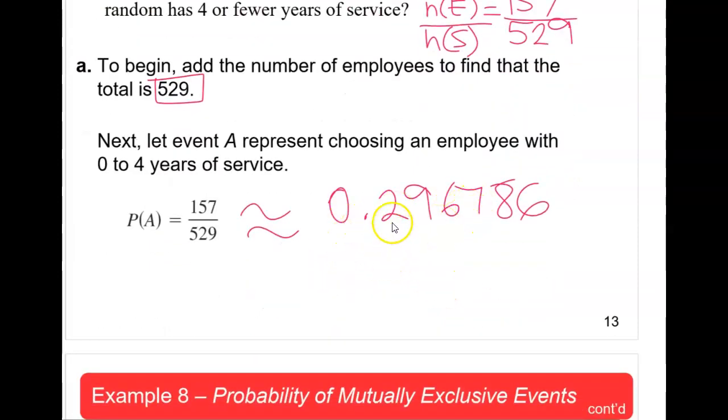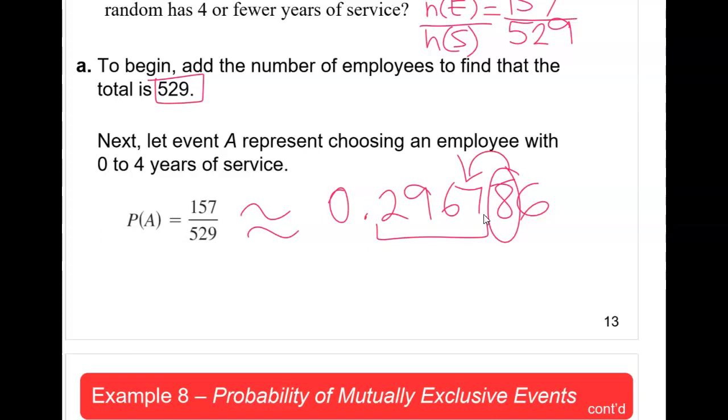But make sure you read how far they want you to round. So, for example, let's say they wanted 4 digits after the decimal point. Then you still need to look at the 5th digit and see what that will do to the 4th digit.